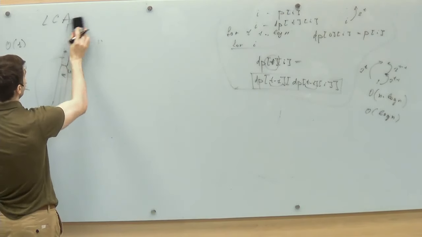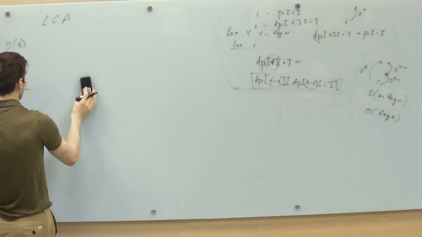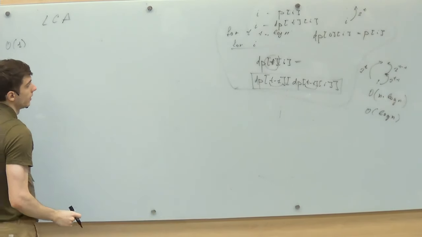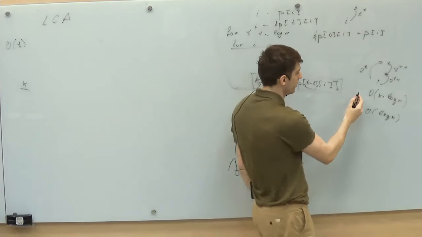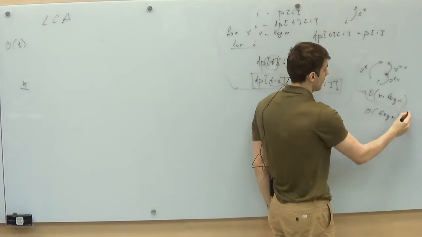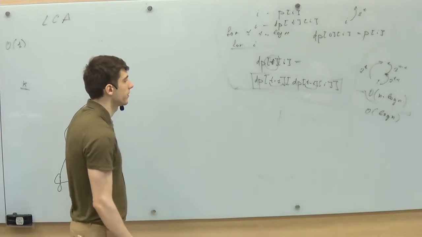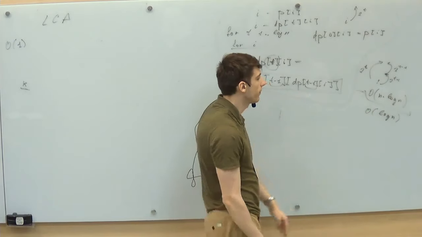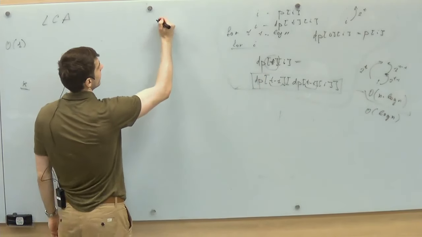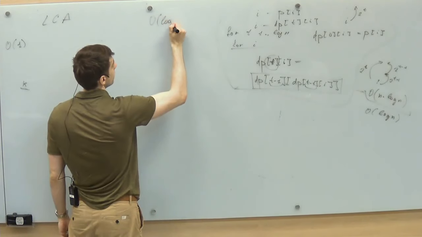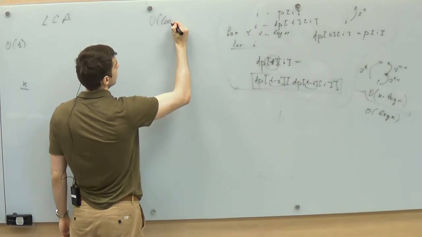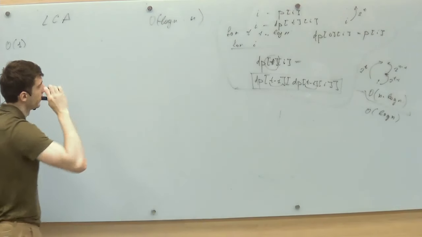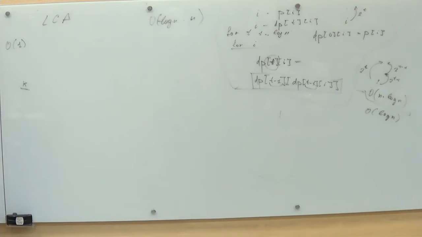Now let's return to our problem LCA. Now we want to improve this part. So we still want to answer the query LCA in log n time, but this time we will optimize the preprocessing, without logarithm in both time and memory.